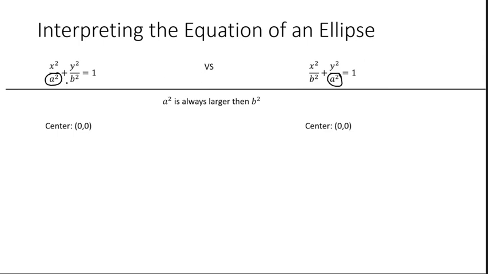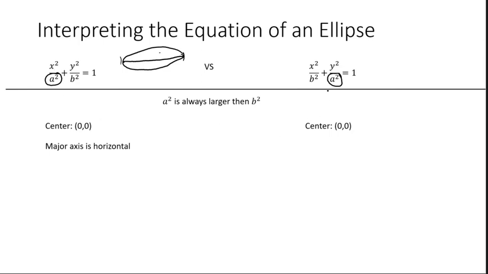For the first one, the major axis is going to be horizontal. And we know that because the larger number is under the x term, so x is left to right. So from left to right, it's going to be larger than from up and down. So it's going to look something like this. All right, so across is longer because the number with the x term is larger.